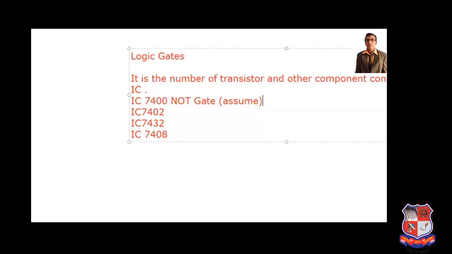Now we have switched over to the next point. First of all, it is known as the fundamental concept of logic gate. Now, what are the types of logic gate? This is the first question related to MCQ. First, main logic gate.